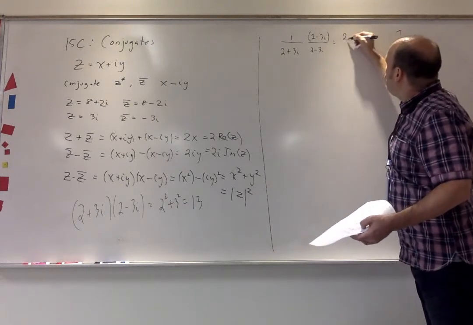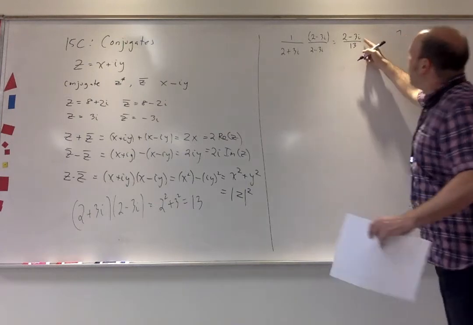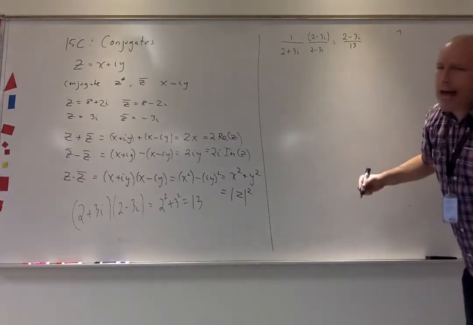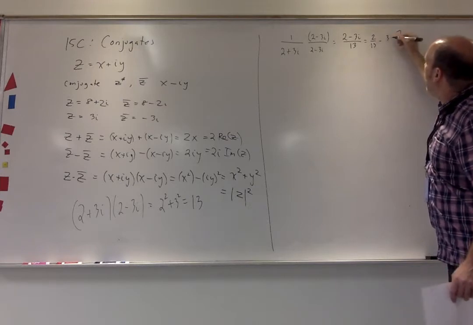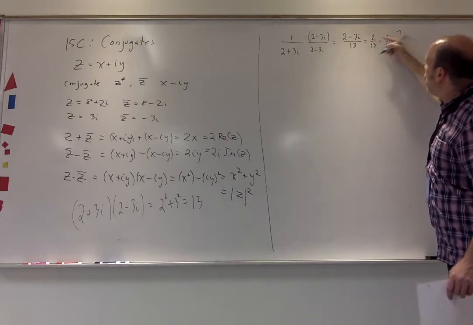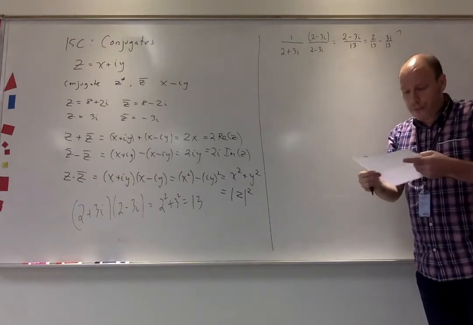So we have 2 minus 3i divided by 13. You can leave it like that. In the textbook, sometimes they split up the fraction. That's totally up to you; if you want to simplify or reduce, that's your call.